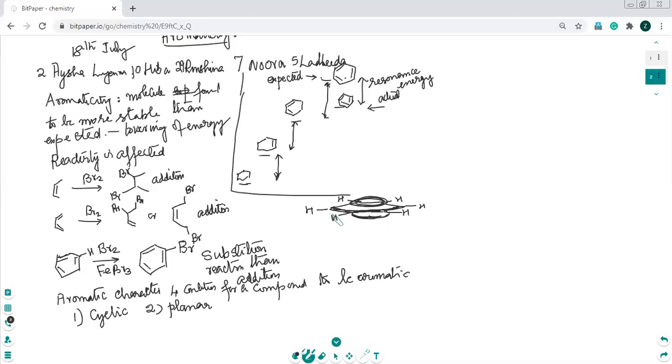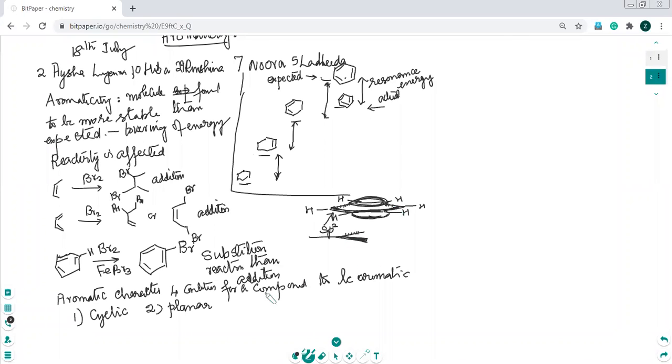All the carbons are sp2 hybridized. Trigonal planar. See this. This is to the front, and this is towards the back side. This back side I have not drawn like that, but this is on the back side. This is projecting back.